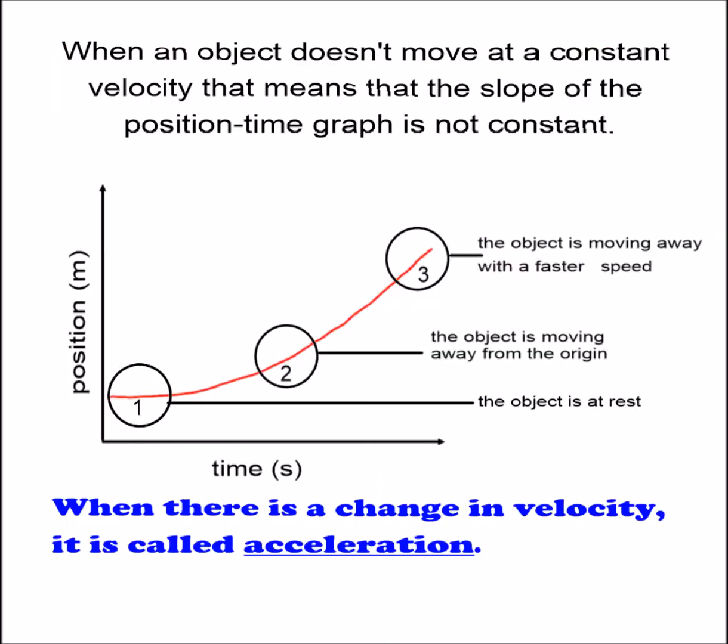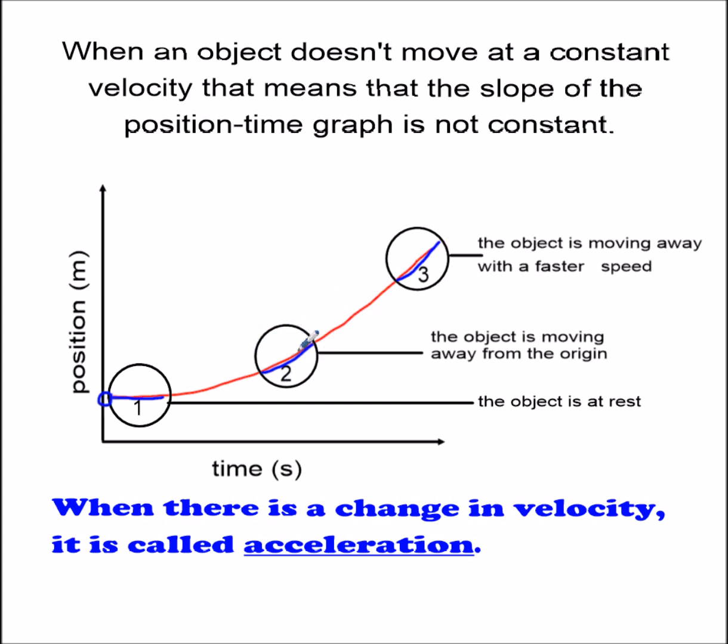The last interesting thing to talk about with position time graphs is what happens when something is not moving at a constant speed. So consider this position time graph. Whatever the object is starts here, some distance away from the origin, and at first it looks like it's just staying in the same place in time. But then as time goes by, it starts to move away from the origin at different rates.